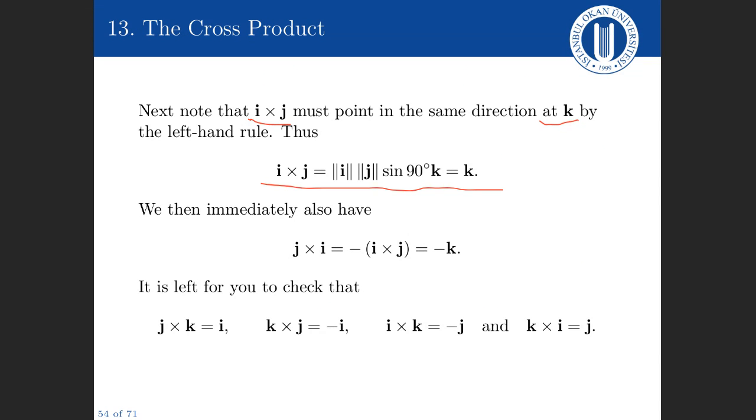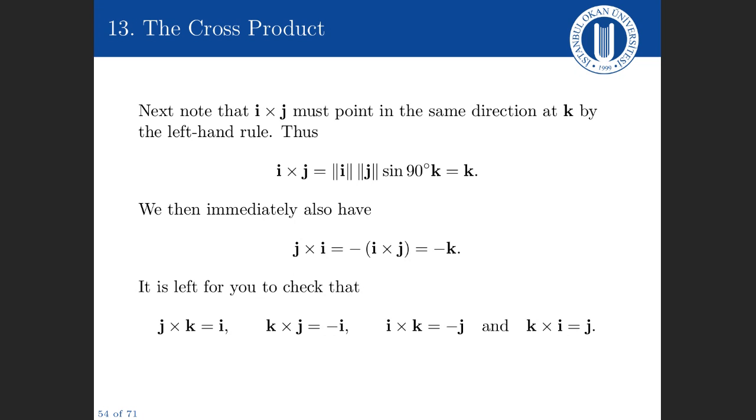And then we can calculate: norm of i is 1, norm of j is 1, sine 90 degrees is 1, so 1 multiplied by 1 multiplied by 1 multiplied by k, which of course is just k. Then immediately, j cross i must be minus i cross j, or minus k.